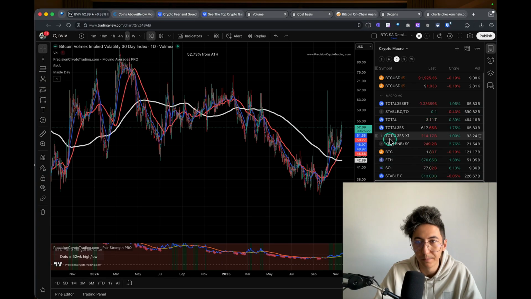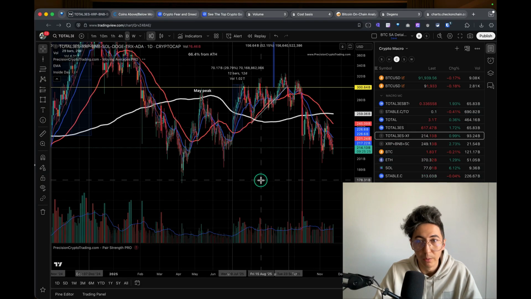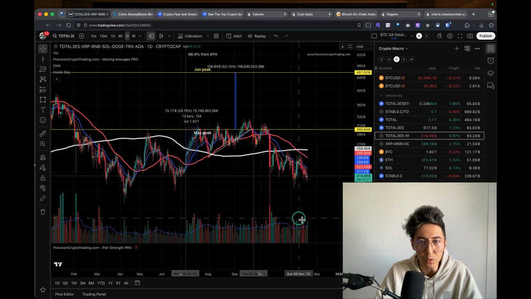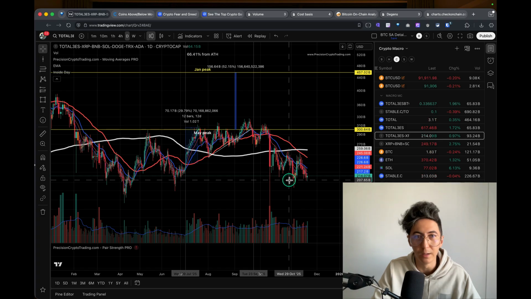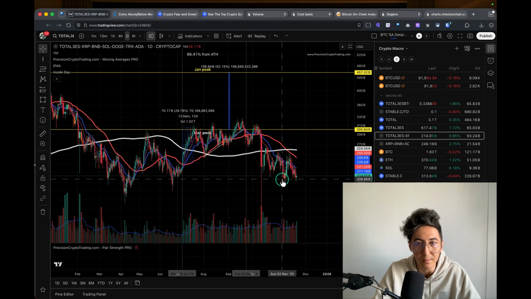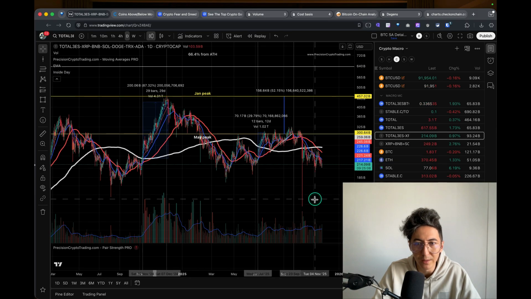when we look at the top 10, all the alts, I need to come up with a name for this. It's like pure alts or small cap alts. When we look at the small cap alts, we had this capitulation event that happened October 10.